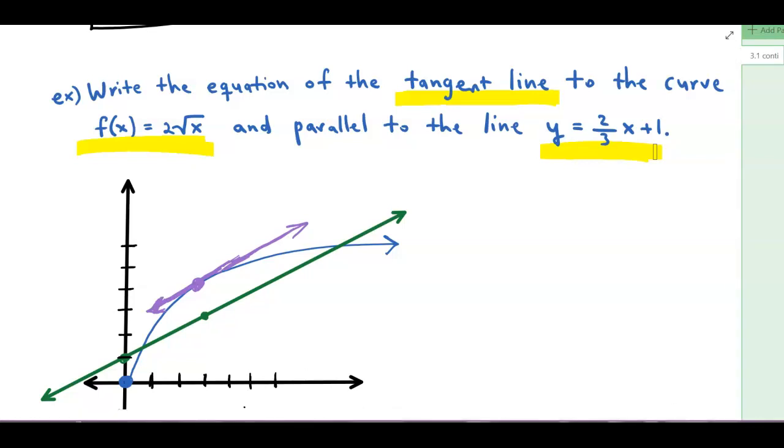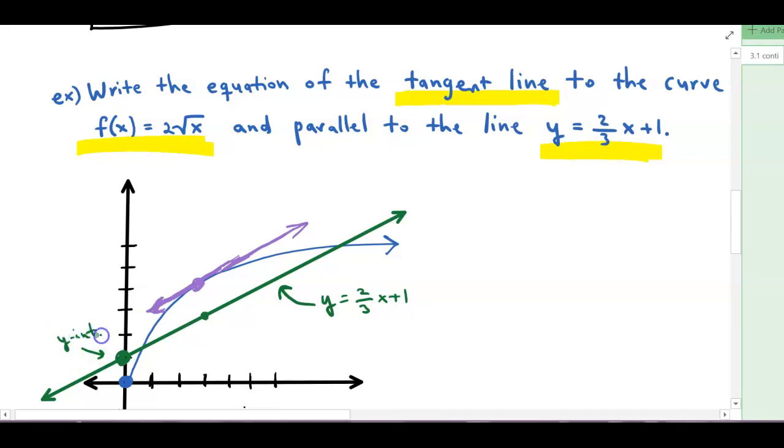It says write an equation of the tangent line that is parallel to the equation 2/3 x plus 1. So this is the equation right here in green. That's the equation 2/3 x plus 1. It has a y-intercept of 1. So there's 1 as my y-intercept.